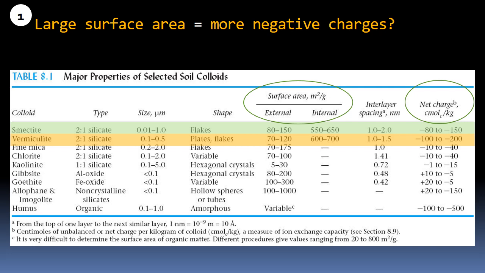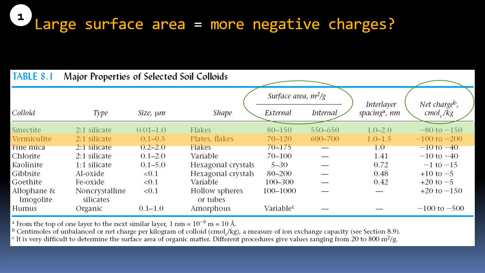However, if we just want to compare the total surface area, let's add the external and internal, using the maximum. For smectite, 150 plus 650 equals 800 square meters per gram. For vermiculite, it will be 120 plus 700, that will be 820 square meters per gram. So vermiculite has higher surface area in total.